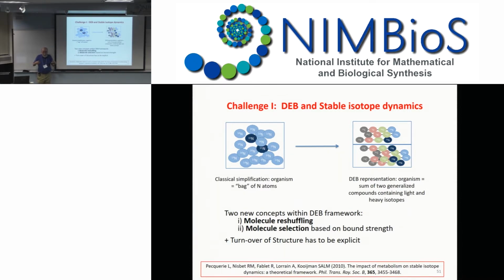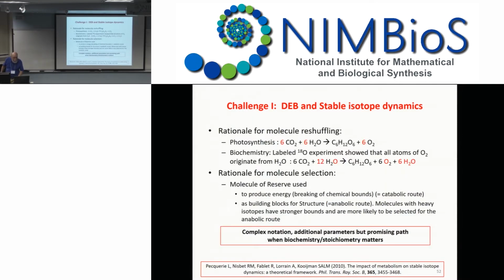In other words, it's recognizing that there is more going on than just random sampling from this bag of atoms up here. And she pointed, when we were having our conversation, to a very nice example that showed you had to think quite carefully about the reshuffling.